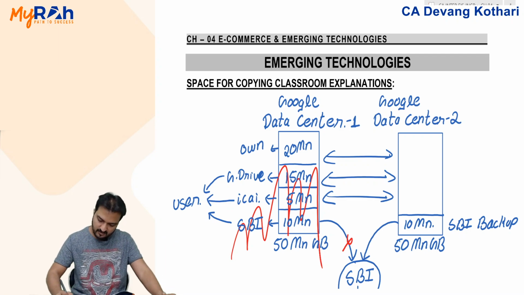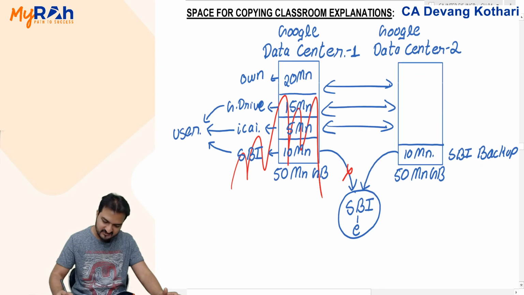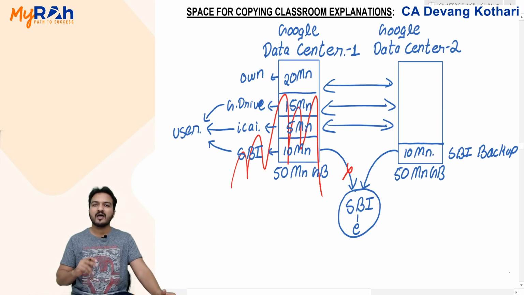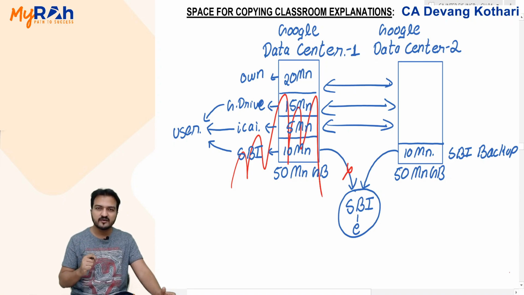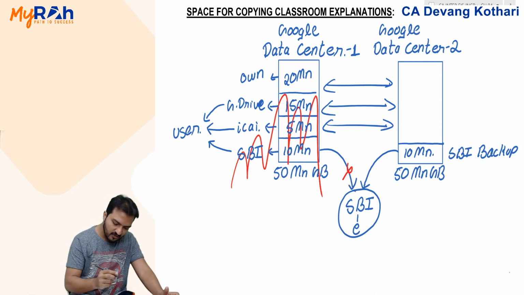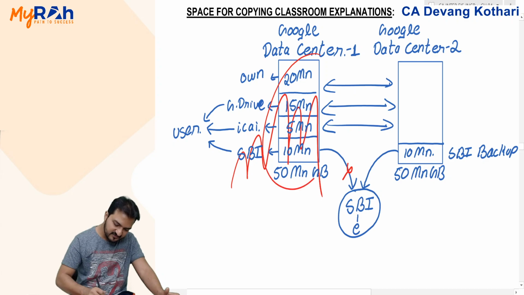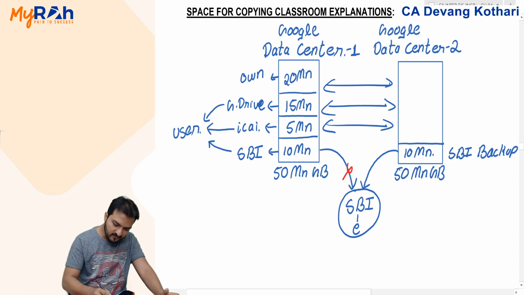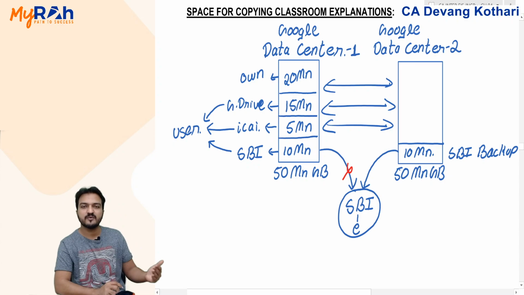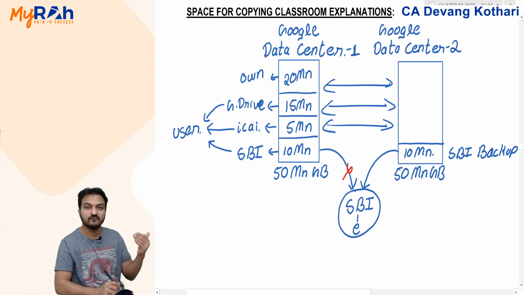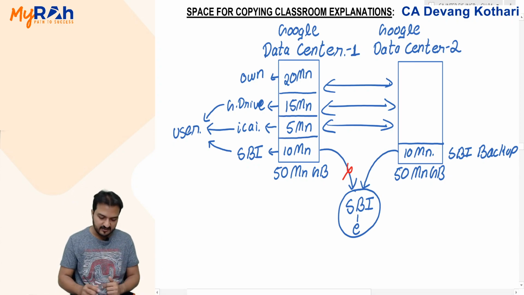Anyways, Google is actually into the business of creating data centers and giving them on rent. Say in this data center, Google has given 10 million GB of space to SBI to create its VPN, virtual private network, for putting its data.